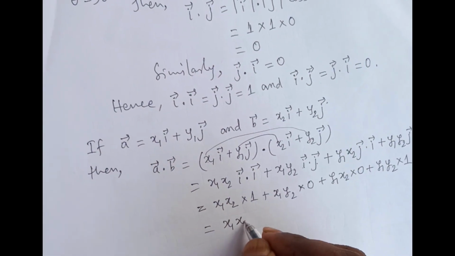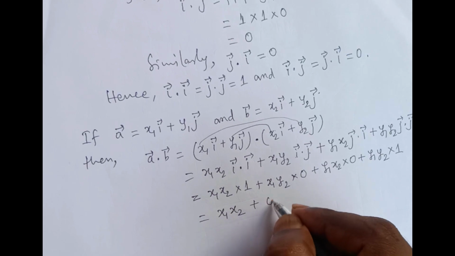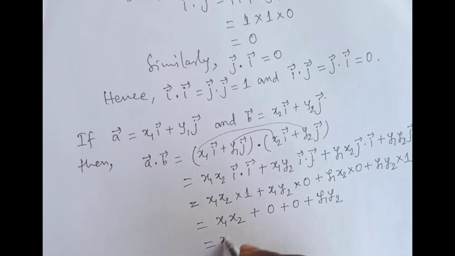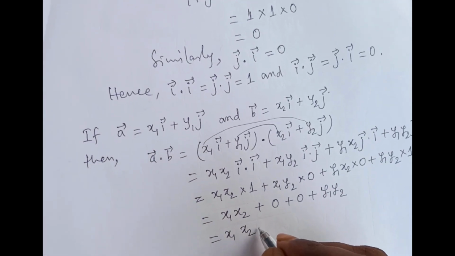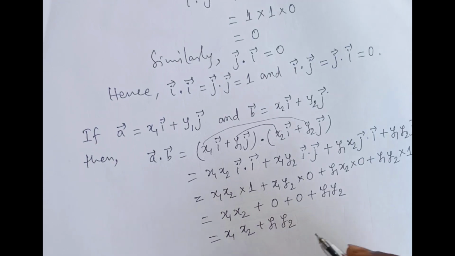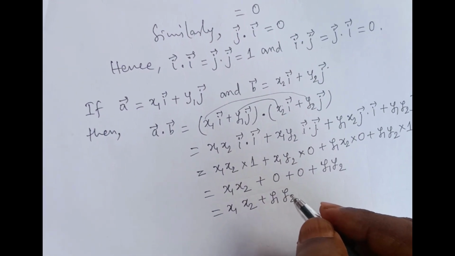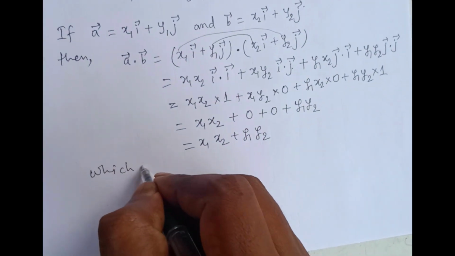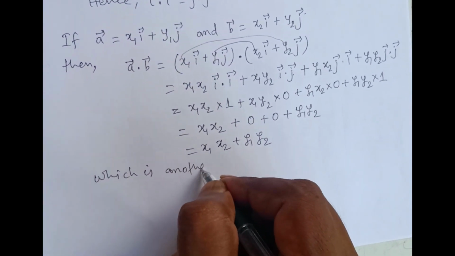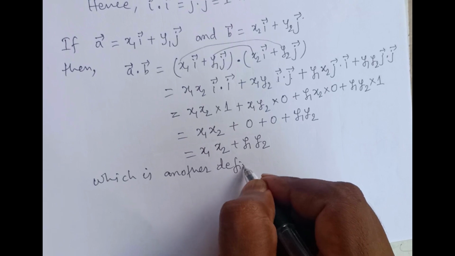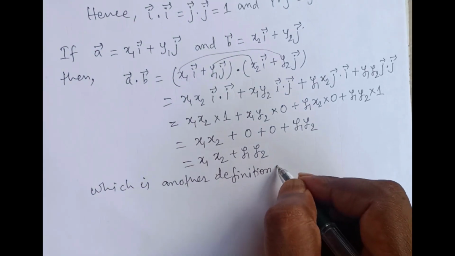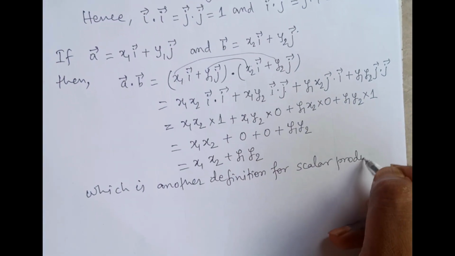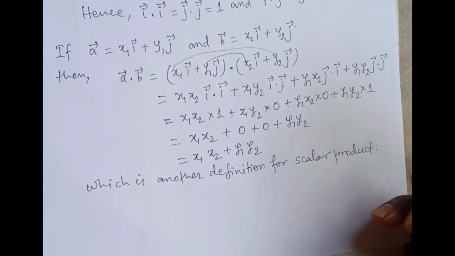So here we get x1 x2 plus 0 plus 0 plus y1 y2, that is x1 x2 plus y1 y2, which is another definition for the scalar product.